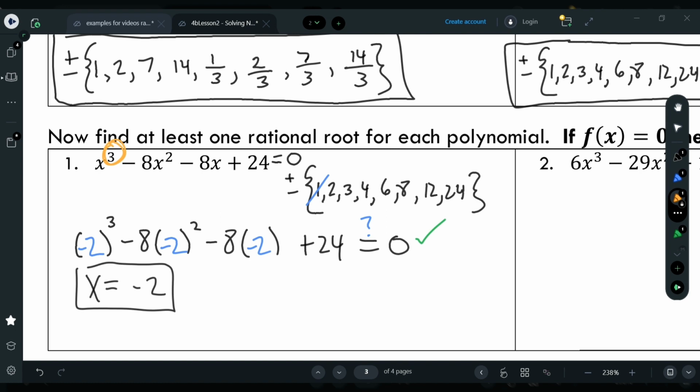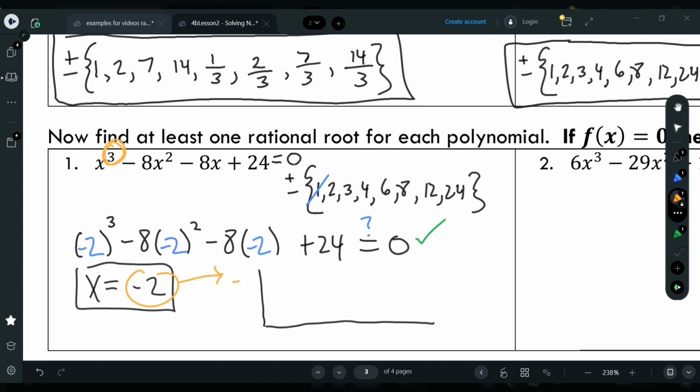So what you want to do here to be sure that you can find the two remaining solutions is do synthetic division using a -2 and using these coefficients. Okay, here, I'll just set it up for you. I'm not going to solve it because this problem doesn't ask to solve and find all solutions. I'm kind of doing some extra here, but just so you see, this -2 goes here.